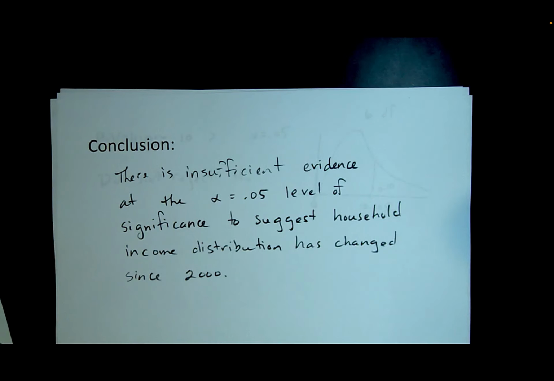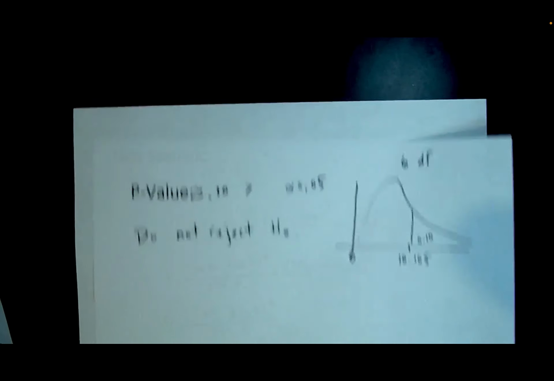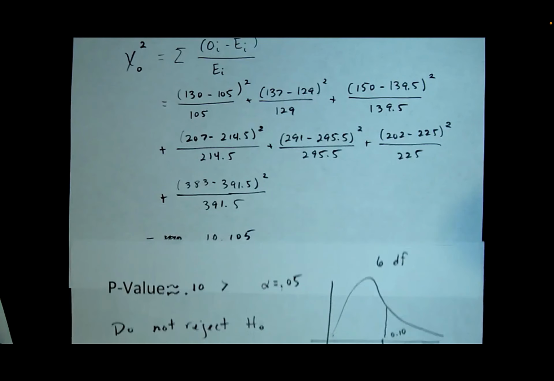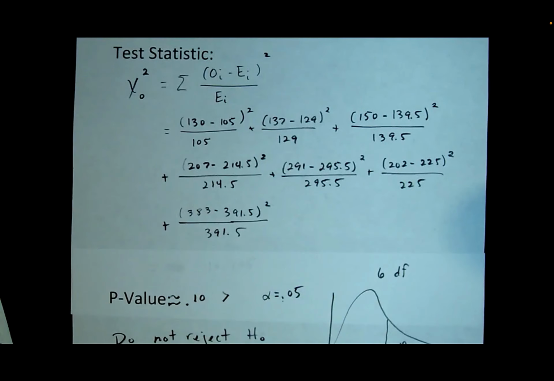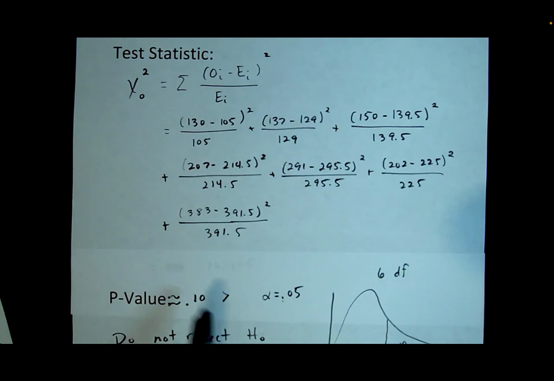Now, I want to back up just a minute and talk a little bit more about these computations. To me, it's not really my intent for you to sit with a calculator poking buttons with this many numbers.